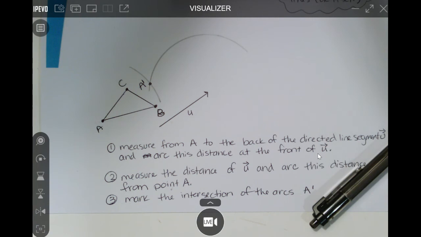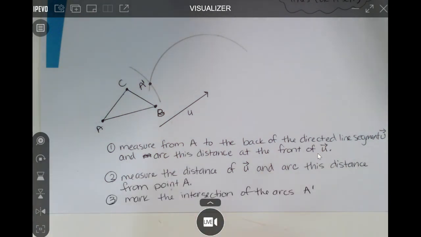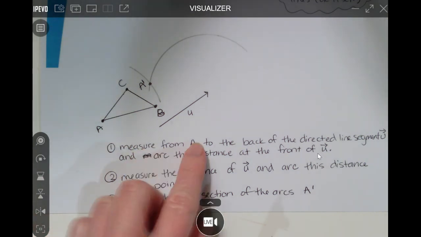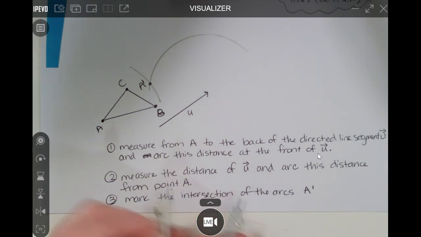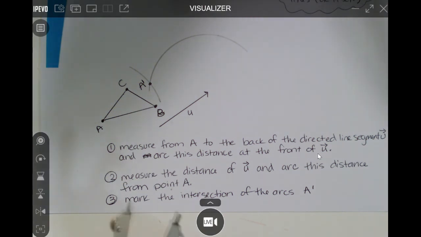I'm now going to do the same thing for B and C. I'm just going to change everywhere in my directions I have an A, I'm going to change it to a B. So let's measure from B to the back of the vector, the directed line segment. This is a really tiny distance, so let me make my compass much smaller.